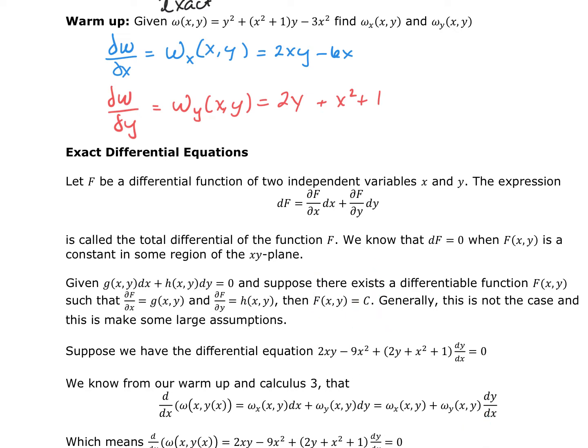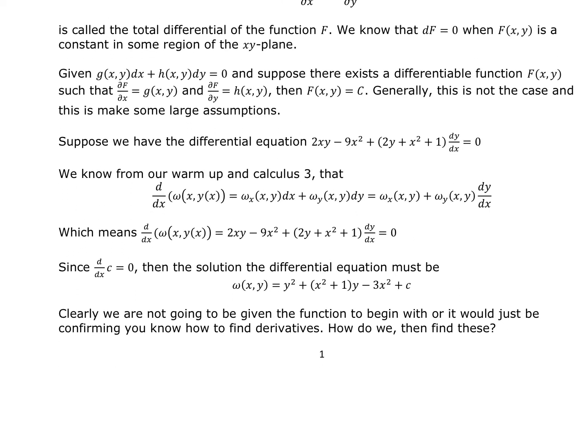Now, let's just move the screen up a little bit. So where we are is that we have the differential of omega equal to the partial derivative with respect to x, which was 2xy minus 9y squared plus 2y plus x squared plus 1 dy/dx.